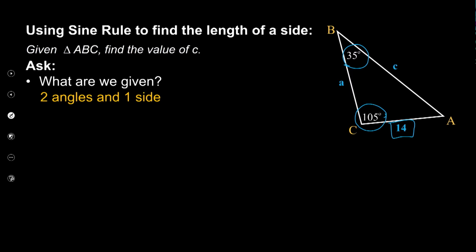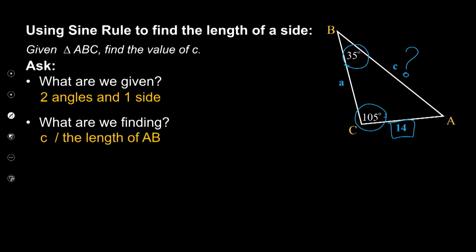So we're given two angles and one side. The next question we're going to ask, what are we finding? So they want us to find the value of C. This is what we need to find. We need to find a side. So we need to find the side labeled little c, or we can call it AB, the length of AB.